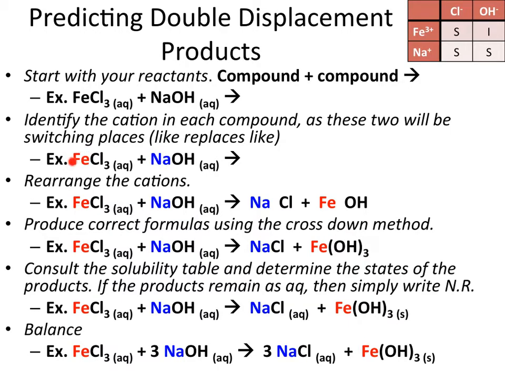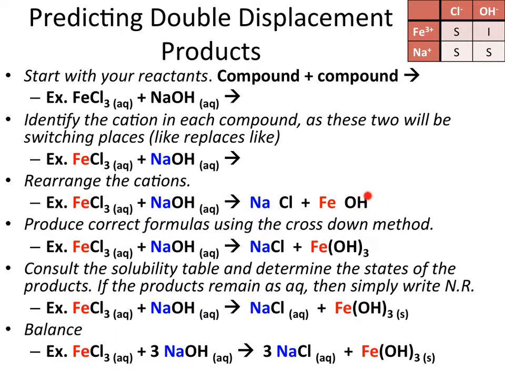So my iron is currently with the chloride ion, and my sodium is with my hydroxide ion. And so these two metals are going to switch places. So my next step is just rearranging the cations. You notice that I've kept my Cl in the same place, and my OH in the same place, and I've switched the cations, in this case the metals, in the compounds.